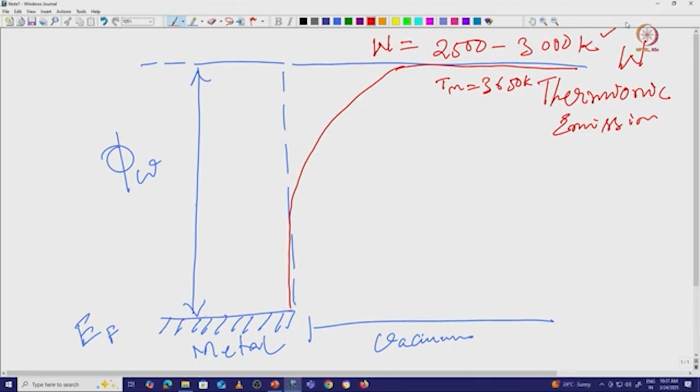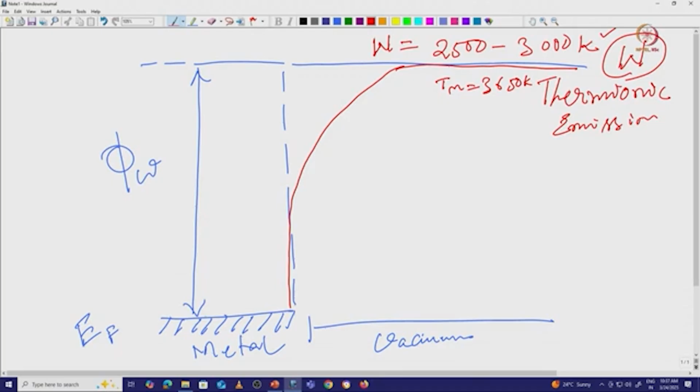That is one of the major drawbacks of the tungsten filament or thermionic emission, because you need huge heat energy to overcome the work function of the metal and extract the electron so it can travel through the column. That is why the thermionic filament is damaged very quickly.